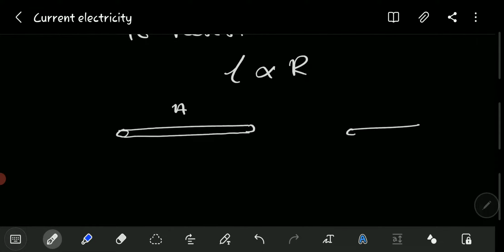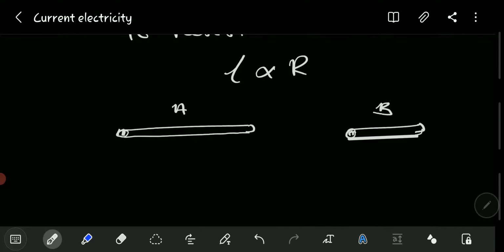And to have a diagram there, we can also have a diagram like that, where this is conductor A, and we can have conductor B. Okay, they all have almost the same cross-sectional area.